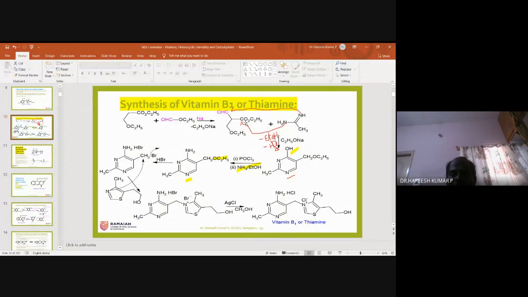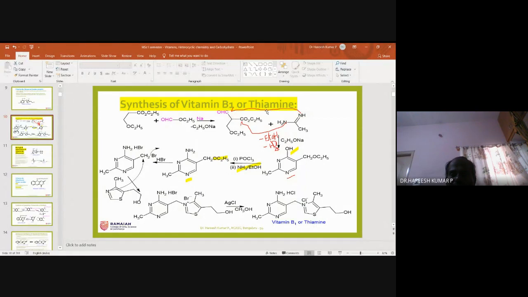Here this ethoxy group, C2H5O, will go out as a leaving group. So there will be a new bond formation between this nitrogen and this carbon, and similarly between this nitrogen and this carbon.